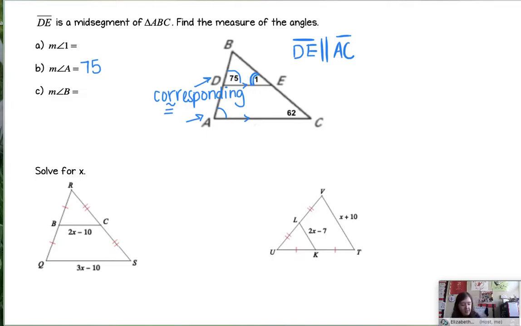Angle 1 is going to be congruent down here to this angle C. Angle 1 is congruent to angle C. So that means, what is the measure of angle 1? Very good. Yes, it's going to be 62.